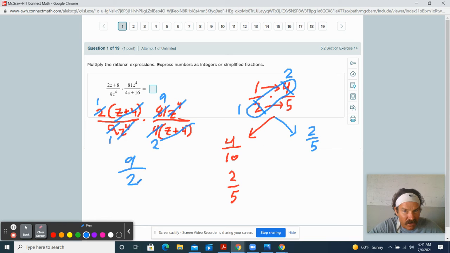So it's 9 over 2. They want you to write your answer as a simplified fraction, and 9 over 2 is simplified. So you pop that in right here in this square. Very similar to what we did yesterday with simplifying rational expressions. You're going to see 2 rational expressions, and they're going to be multiplied.